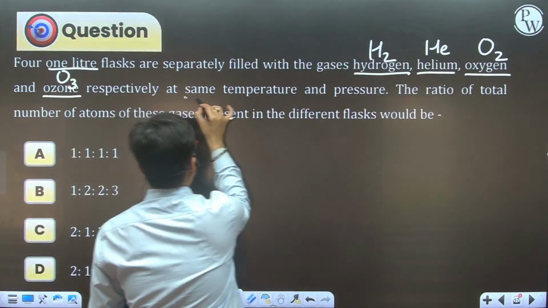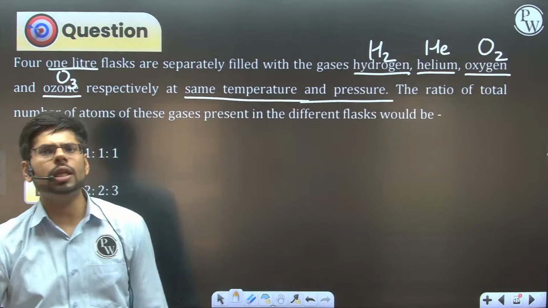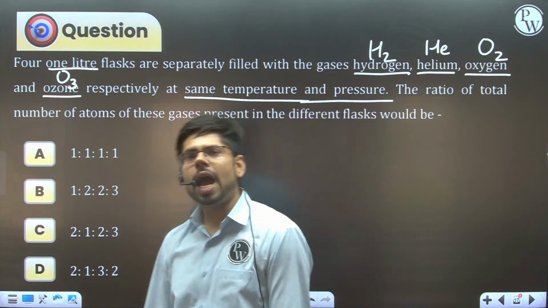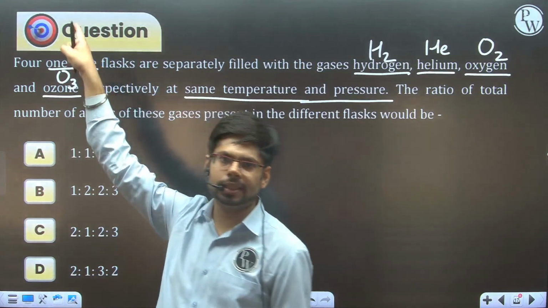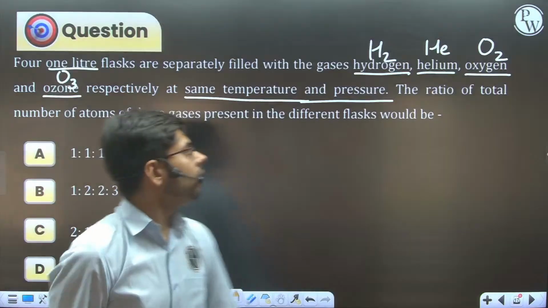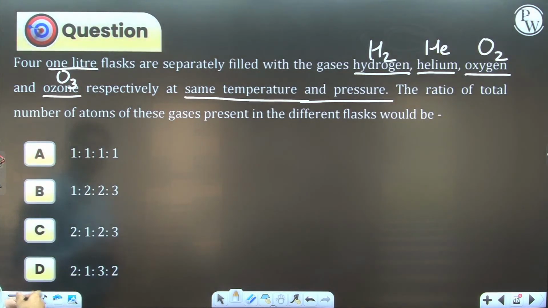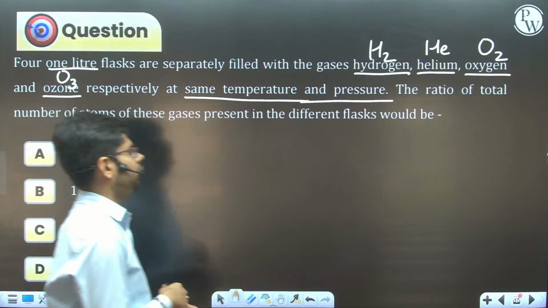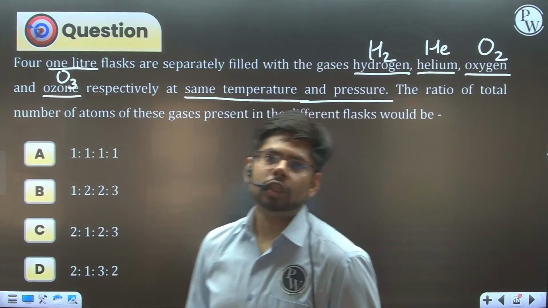The main part is this: same temperature and same pressure, which means all the gases are at the same temperature, they are at the same pressure, and also all of them occupy the same volume, because the flask has the same volume for all. Now the ratio of total number of atoms of these gases present in the different flasks would be, all right. So this is an application of Avogadro's law.